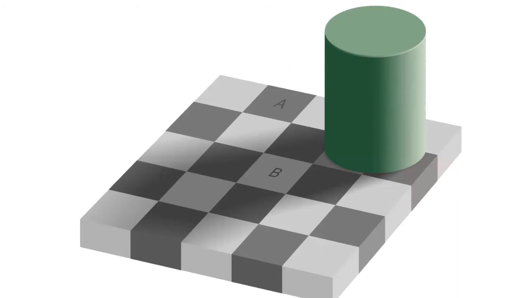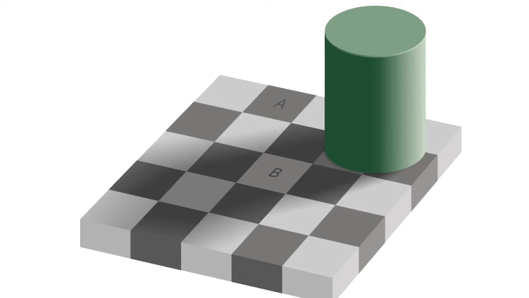So here we have a checkerboard, and there's a cylinder on top of it, and there are two squares that are marked. One is marked with the letter A, and the other one is marked with the letter B. And if I ask you to describe this, you will probably tell me that the square with the letter A is a dark gray, and the square with the letter B is a light gray.